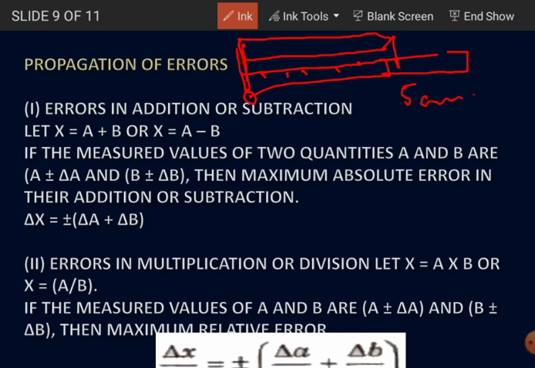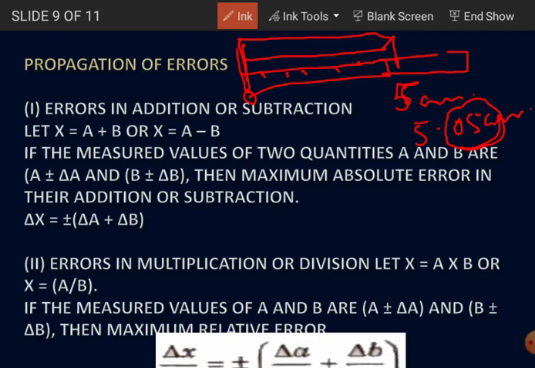And then if this 5 is a true value, and in the measurement by another person, the measured value comes out to be 5.05 centimeter, then the error is how much? 0.05 centimeter.